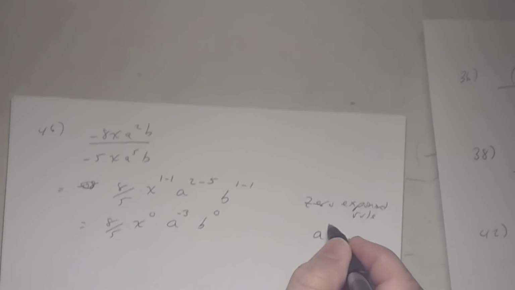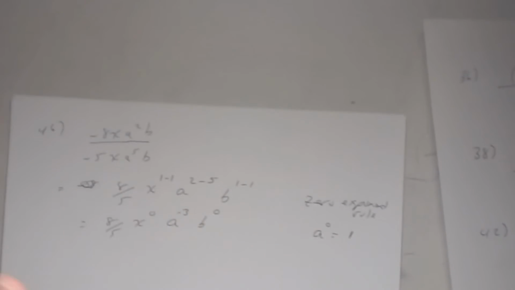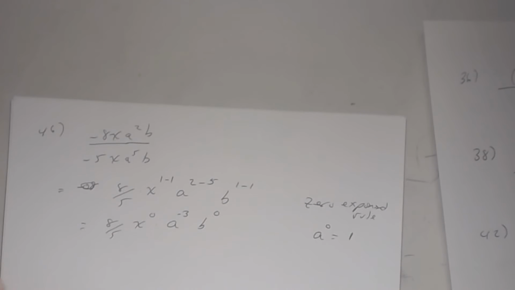As long as the base is not 0, anything but 0, that factor raised to the 0 power is always going to be what? 1. And we discussed that. We saw why it was true. So if you weren't here, you need to go back in your notes and see what we talked about. Why is a non-zero number raised to the 0 power equal to 1?